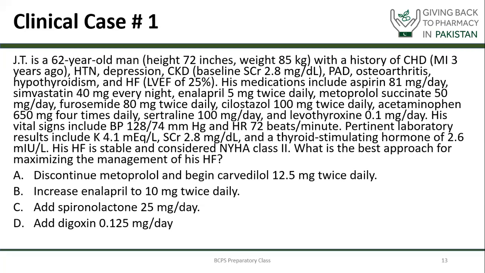His vital signs include BP 128/74 millimeter mercury, heart rate 72 beats per minute. Pertinent laboratory results include potassium 4.1 milliequivalent per liter, serum creatinine 2.8 milligrams per deciliter, and thyroid stimulating hormone 2.6 international units. His heart failure is stable and considered NYHA class 2.